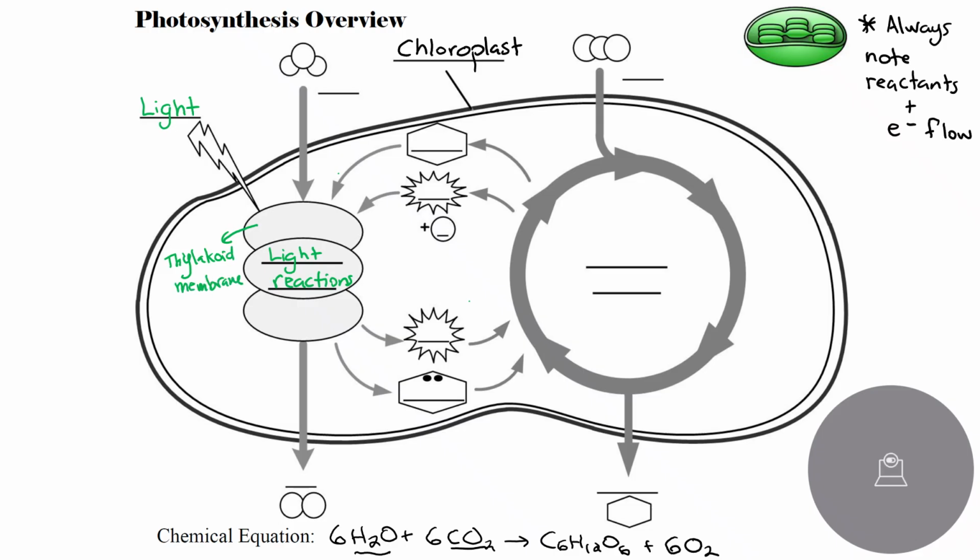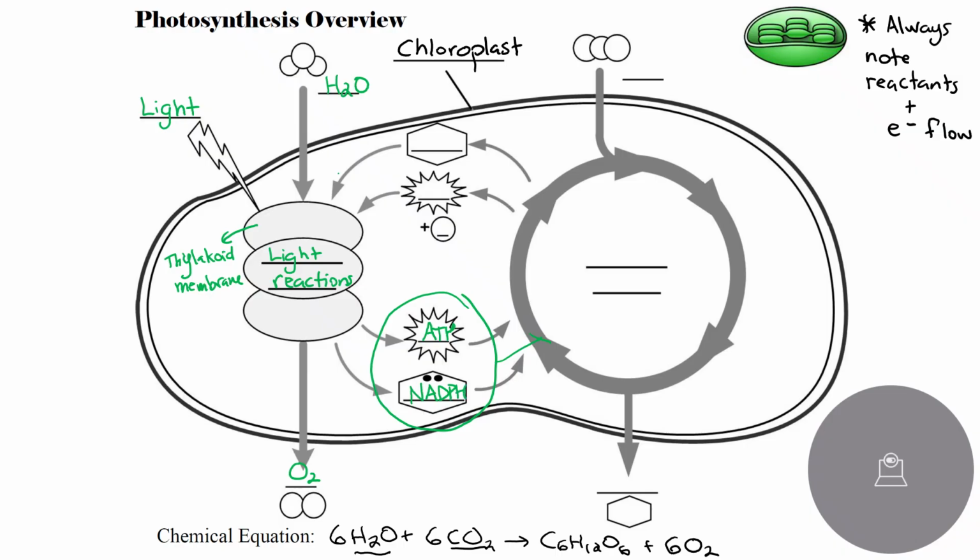It uses light to break apart water to become oxygen, so water is being oxidized, to create these high energy molecules here that feed to the second process. So the two high energy chemical molecules would be ATP and NADPH.